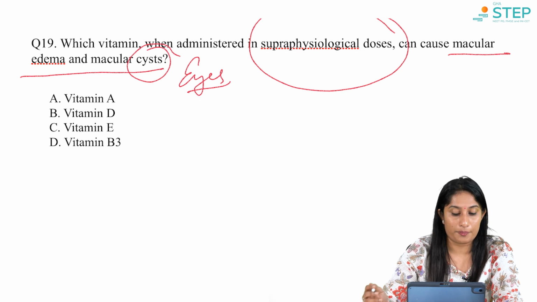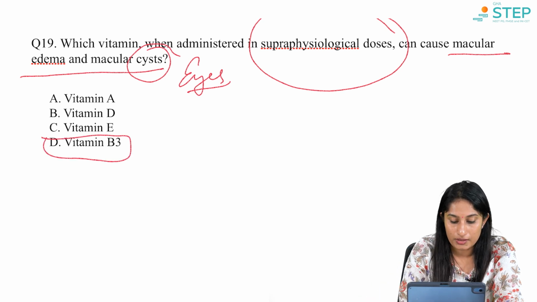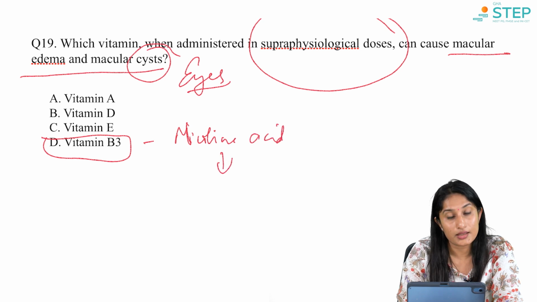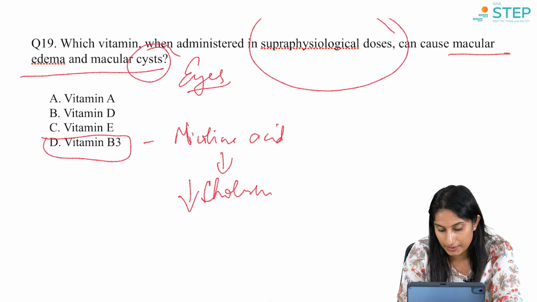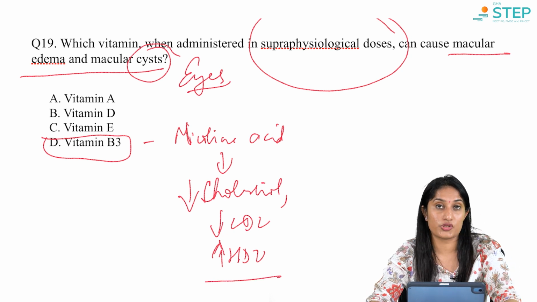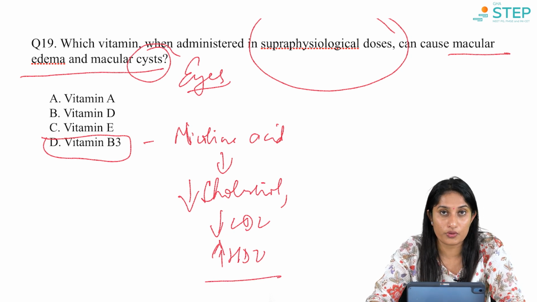As therapy, vitamin B3 or nicotinic acid, okay, nicotinic acid is given in the treatment to lower the cholesterol, mainly lower the LDL cholesterol and improve the HDL cholesterol. Okay, nicotinic acid is one of the drugs given in the treatment of hypercholesterolemia.